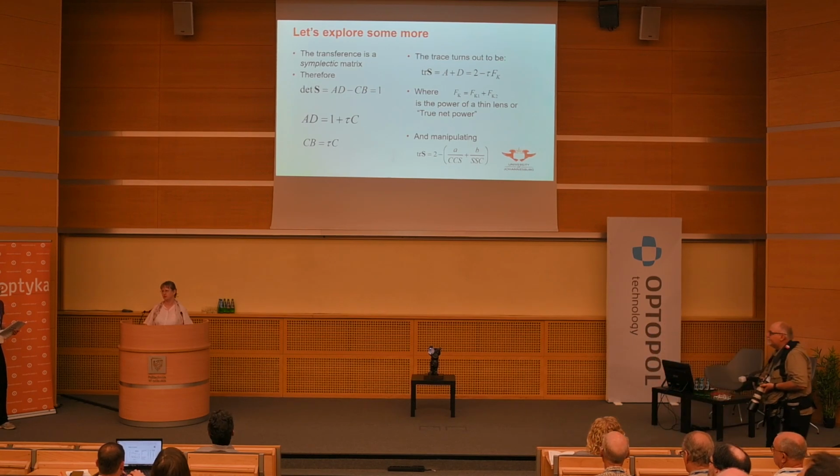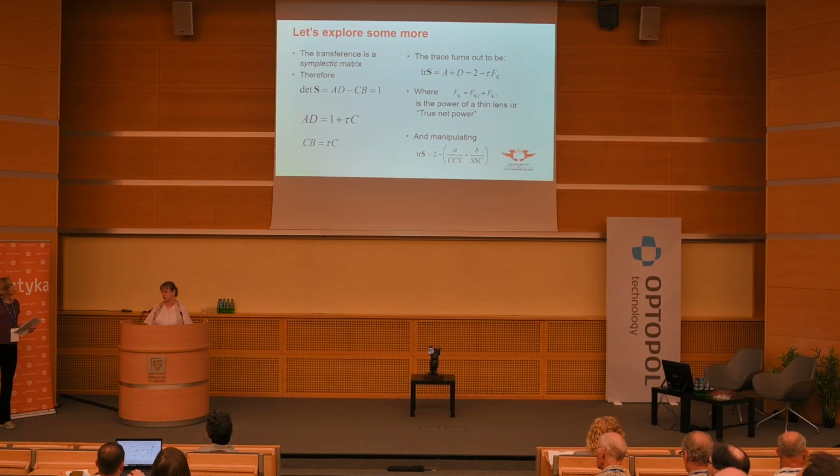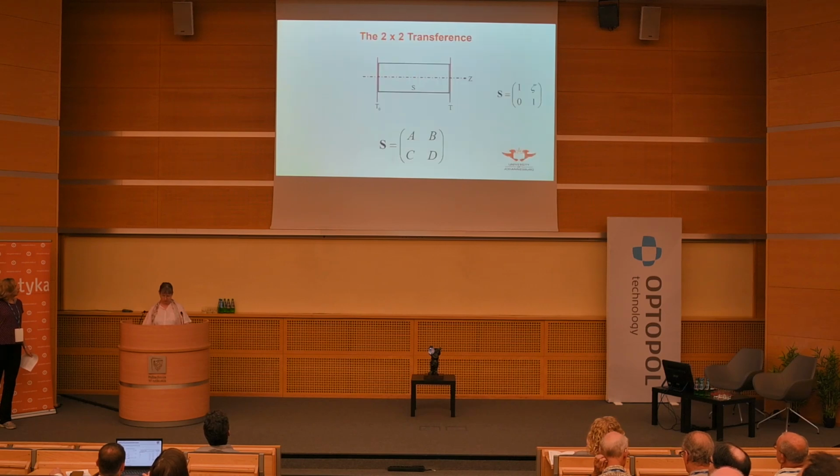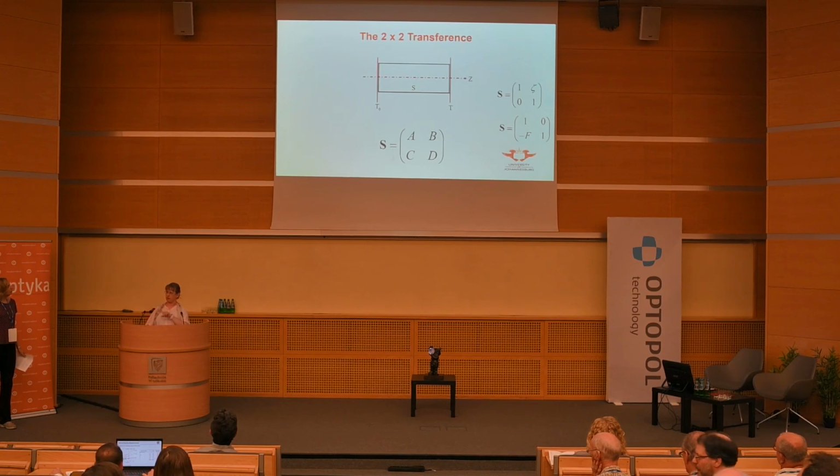No, the transference belongs to the Lie group, the symplectic Lie group. But I know there are two ways of defining the system matrix. I can show you. So in order to build our transference, we use reduced thickness, so the refractive index is in the matrix, and power.